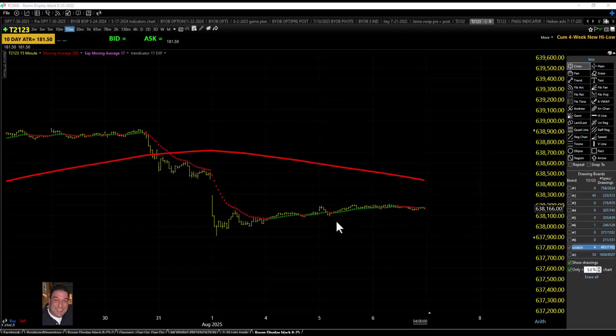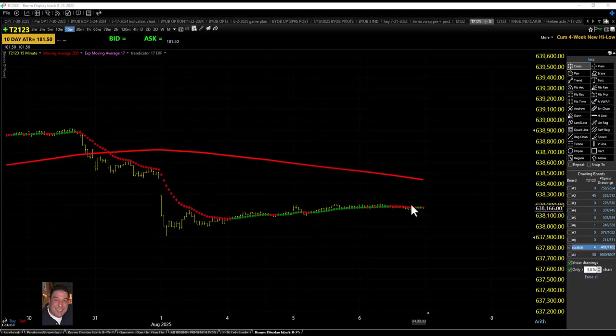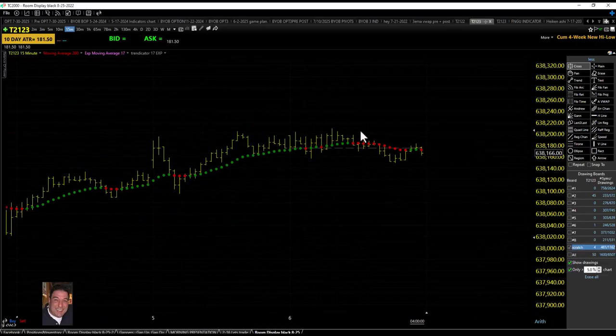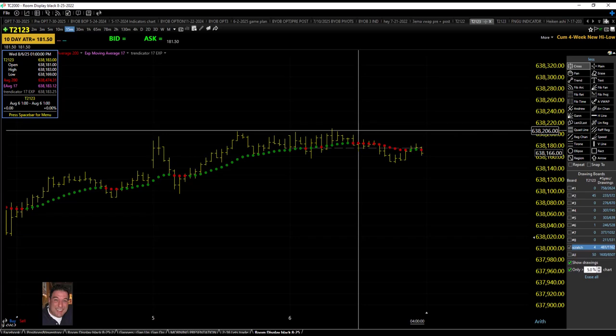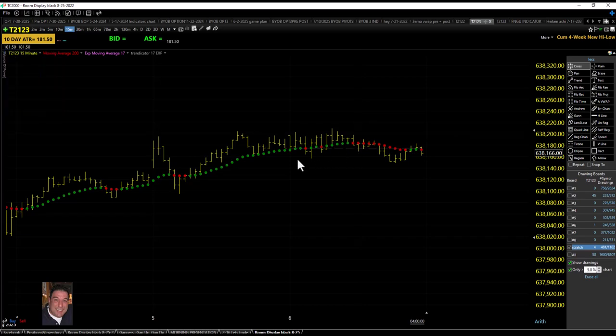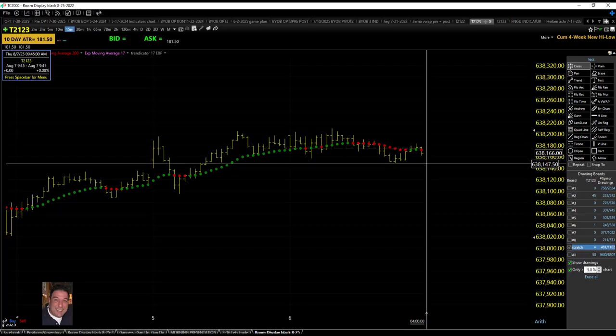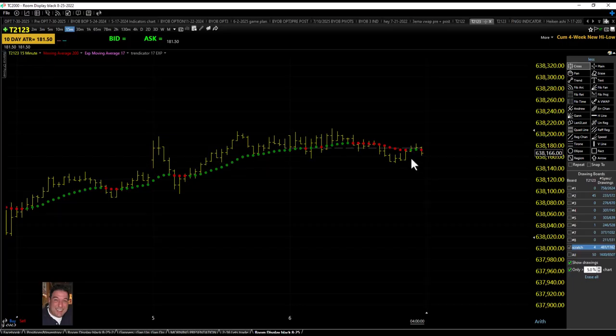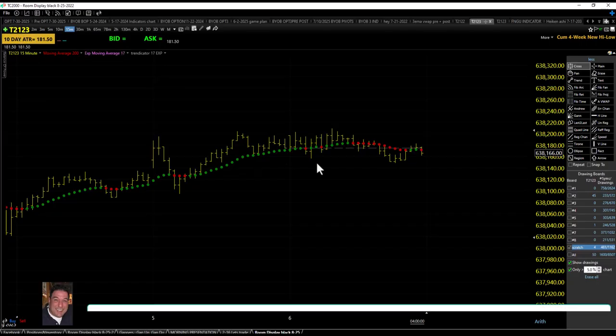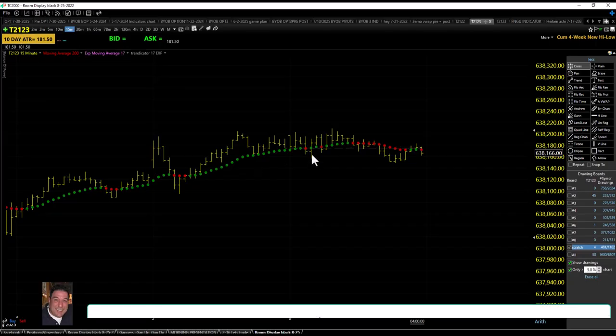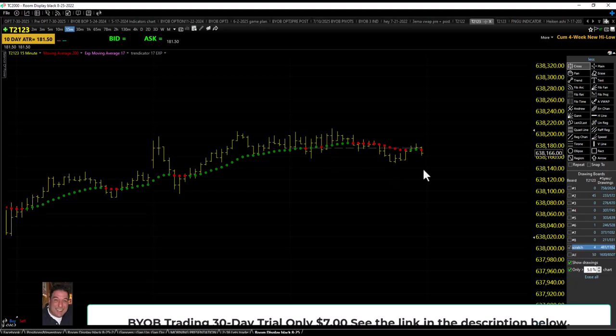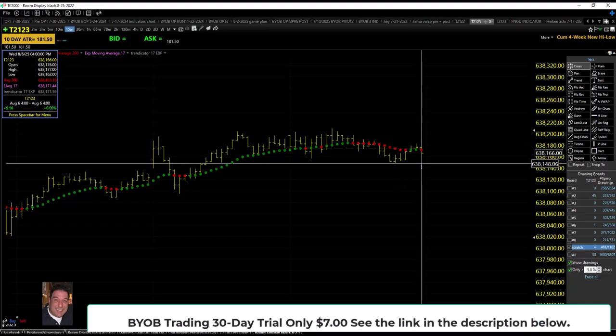We're not making lower lows, but we are making higher highs up here, so we're still in an uptrend. We got a low right here. Did we make a lower low? Yeah. So currently on the 15-minute T2123, we have a low below the 17 right here, and we inked out a lower low.